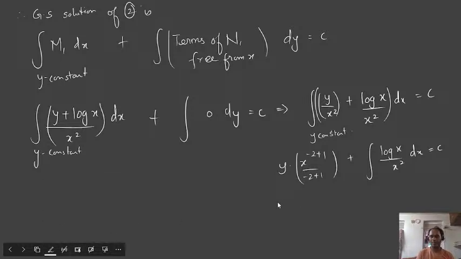So here it will be y into x raised to minus 1 over minus 1, and here you keep this as it is, so minus of this.